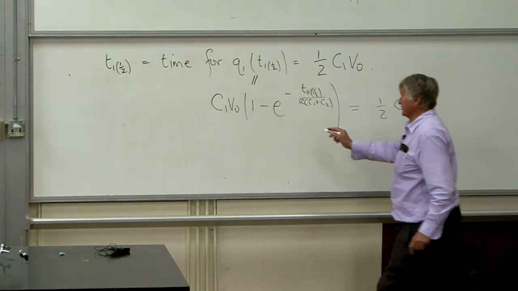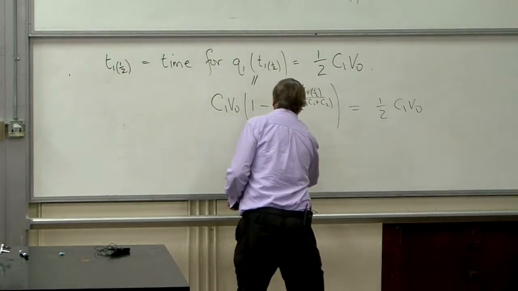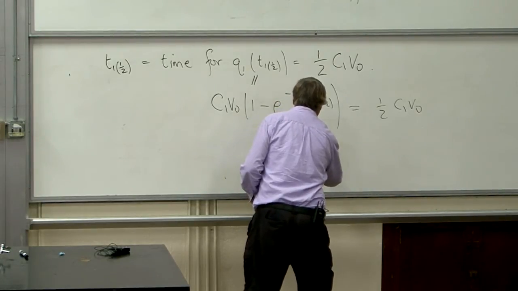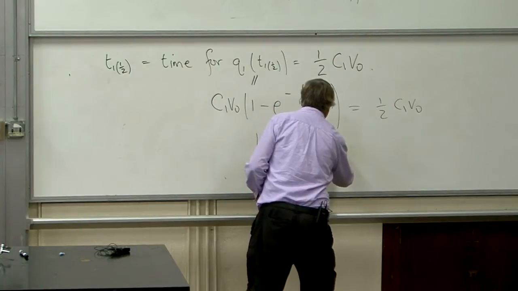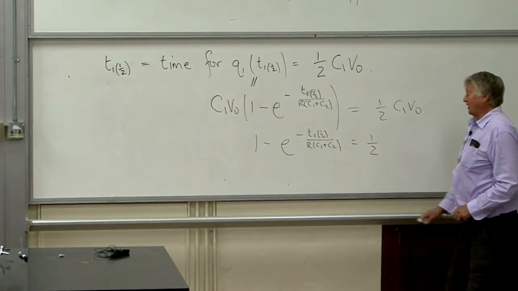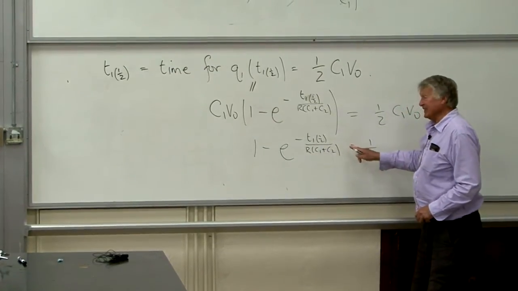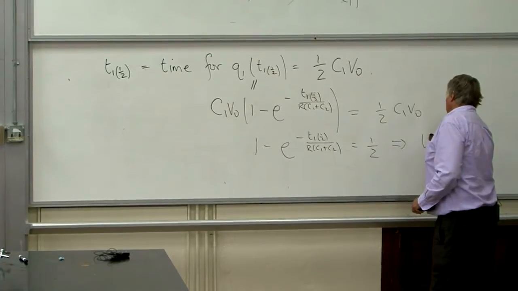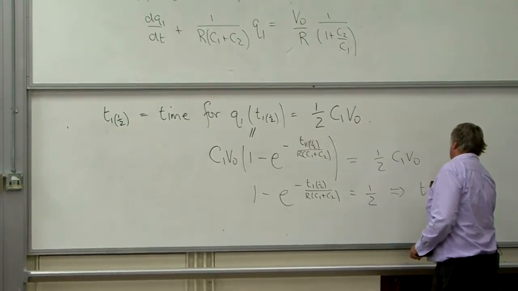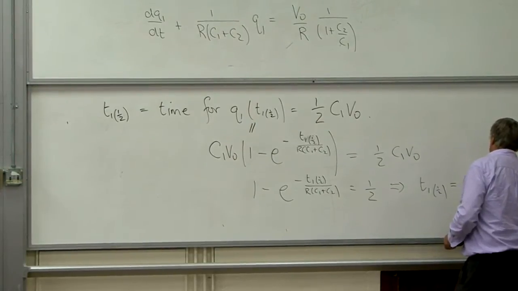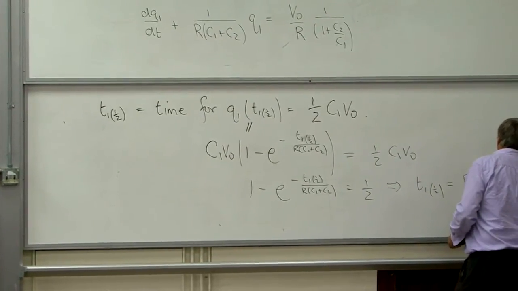So this would say that 1 minus e to the minus T1.5 over r times C1 plus C2 is equal to a half. Or it says this exponential is equal to a half, which means that T1.5 would be r times C1 plus C2 times log 2.